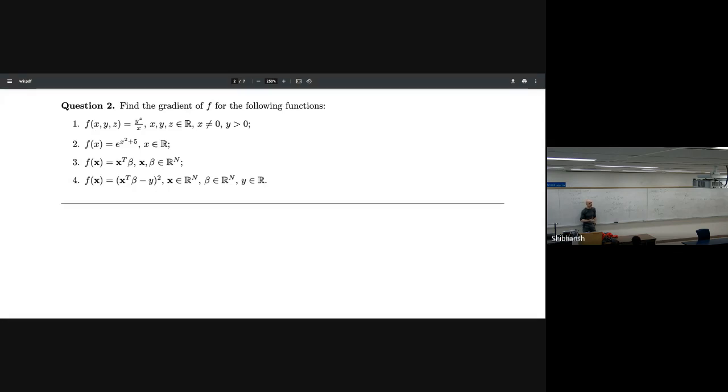Constant is continuous. You have the gradient. And you can just write this is equal to beta. Okay. So calculating this, you can do the same thing. You would just write this.